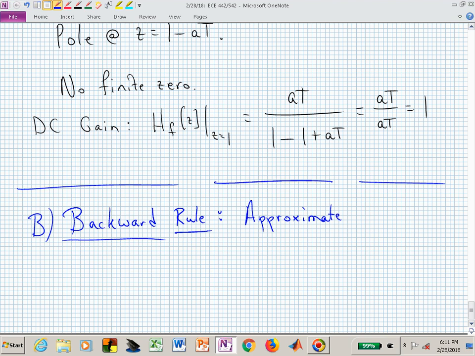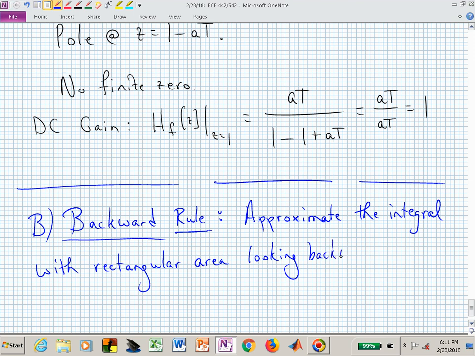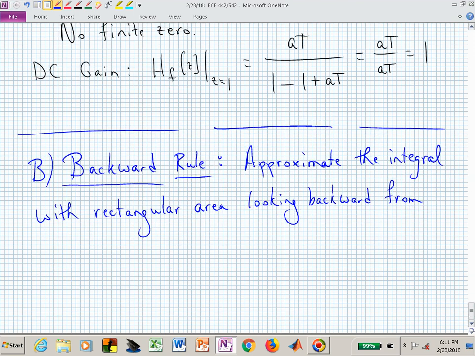In this approximation, we're going to approximate the integral with a rectangular area looking backward from x of nT.